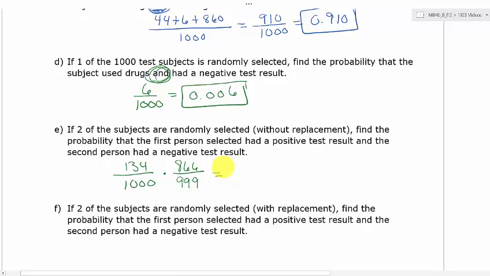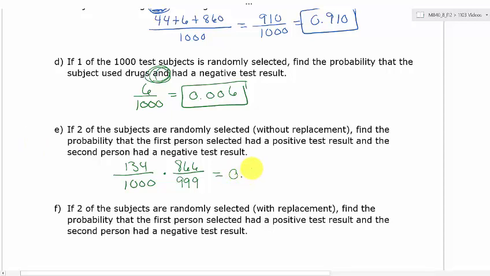So let's compute this probability. We could type in parenthesis 134 times 866, close off your parenthesis, and then divided by another parenthesis, 1,000 times 999. And I'll write that out so that you can see it.